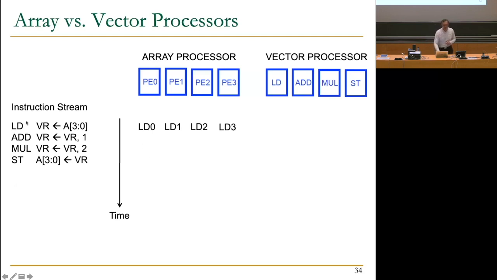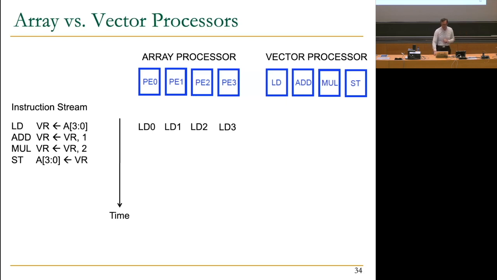So in the first cycle, we can execute 4 loads. Now, what does this mean? We're basically loading element 0 from memory into vector register 0th element in this processing element. Element 1 from memory into vector register element 1 in this processing element. And then element 2 here and element 3 here. Okay, concurrently.